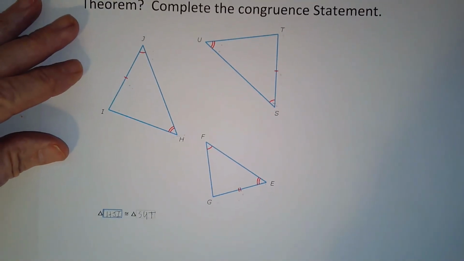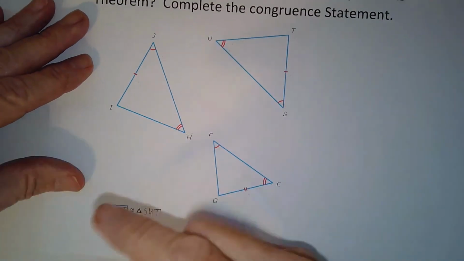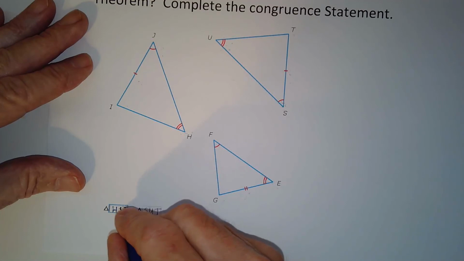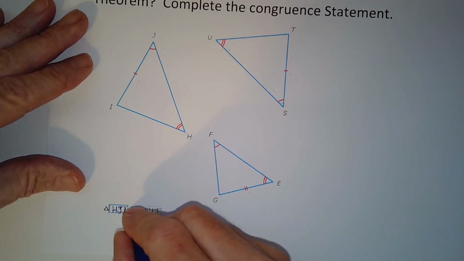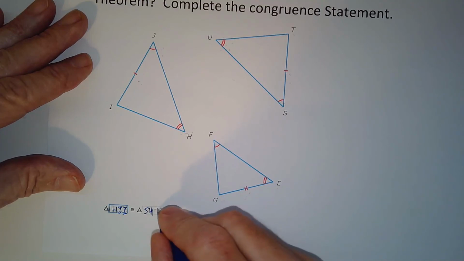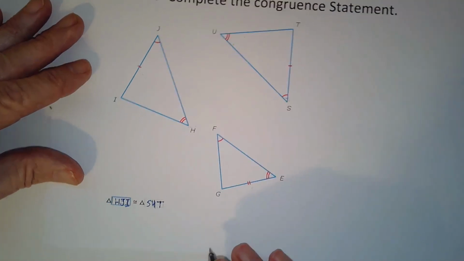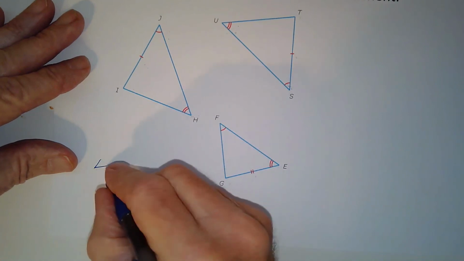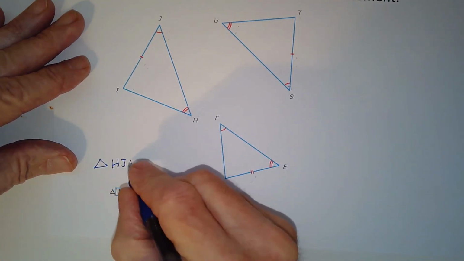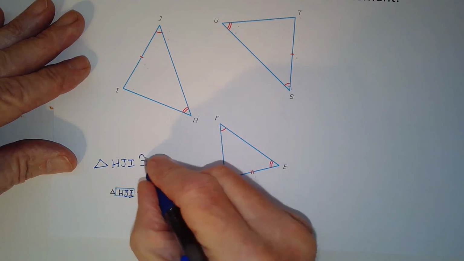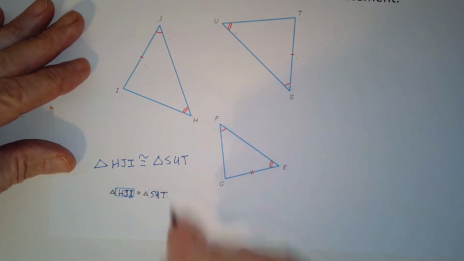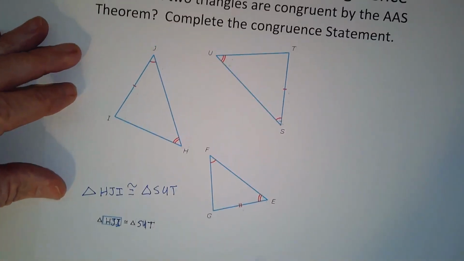So let me mark that in so it's a little easier to see. So triangle HJI is congruent to triangle SUT. And if you can't see that well enough, we'll just do it this way. Triangle HJI is congruent to triangle SUT. All right? So that is how you would set these up.